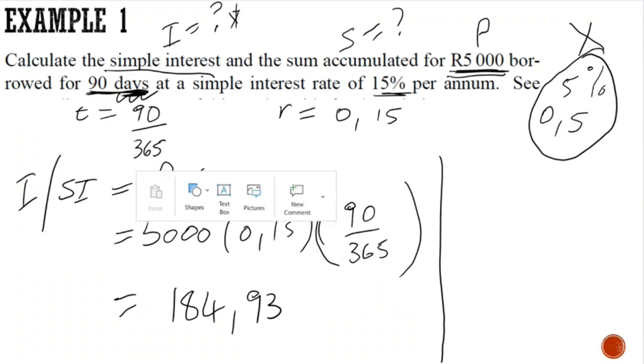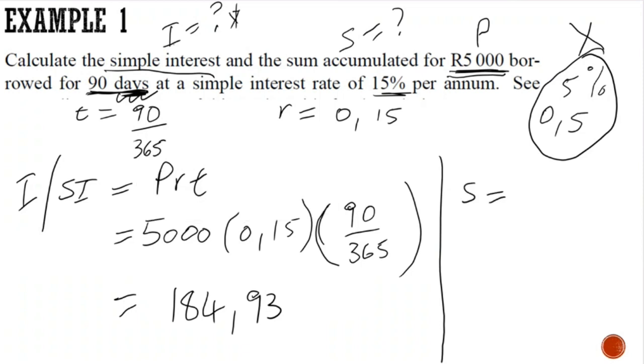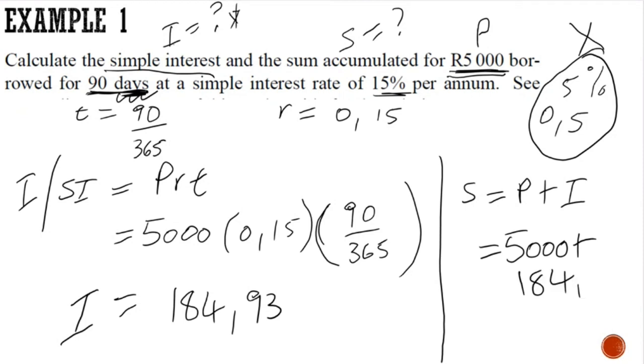So now your sum accumulated is equal to P plus I. Your P is given to you, it is 5,000, plus your I there is 184.93. This is the simplest one. So you find that your accumulated amount is 5,184.93. That's one way of calculating it.